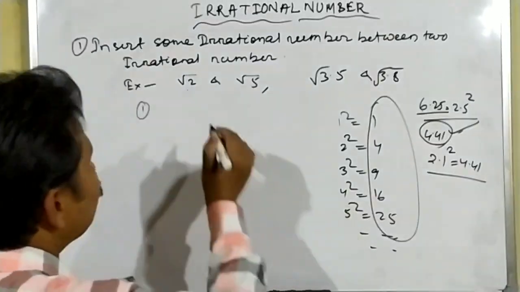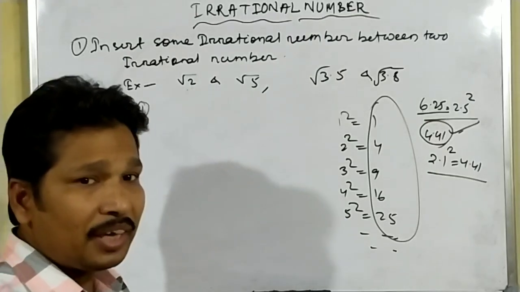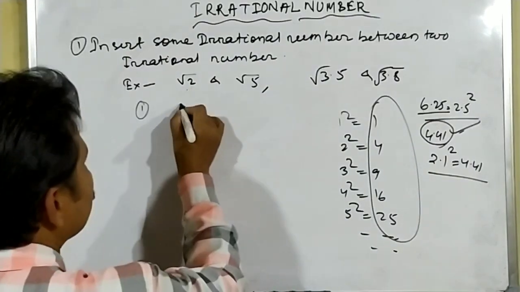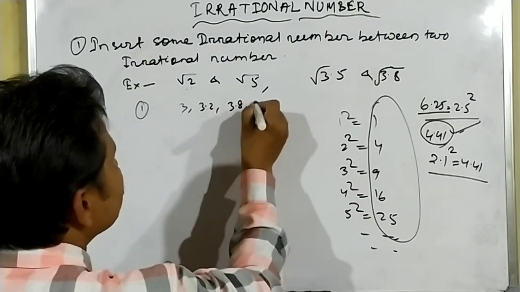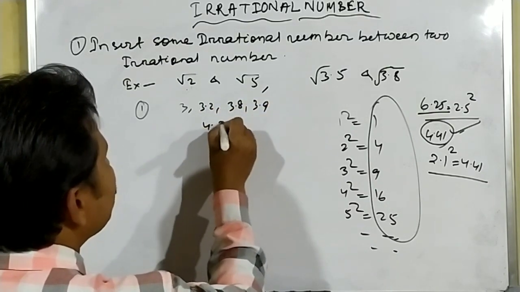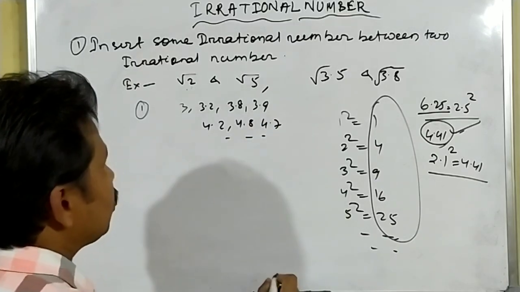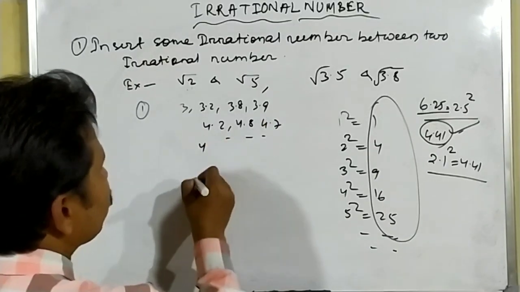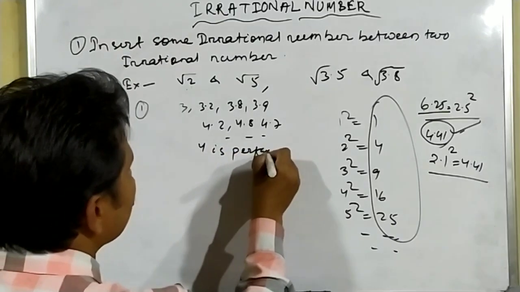So we can write lots of numbers between 2 and 5 which are not perfect squares. Suppose 3, 3.2, 3.8, 3.9, 4.2, 4.8, 4.7, but we can't write 4 because 4 is a perfect square.